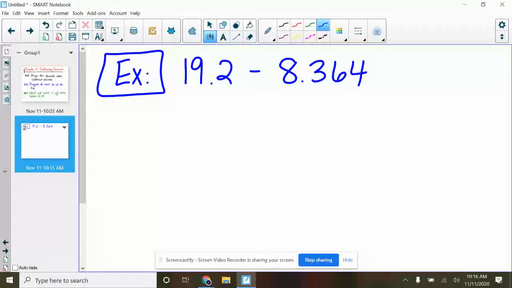So I'm going to start to rewrite this, and I'm going to put 19.2 at the top, and then I'm going to put the other number lining up my decimal directly underneath. So my 8's going to go under my 9, my 3 is going to go under my 2, my 6, and then my 4. And again, as we know, we have to transfer things correctly.